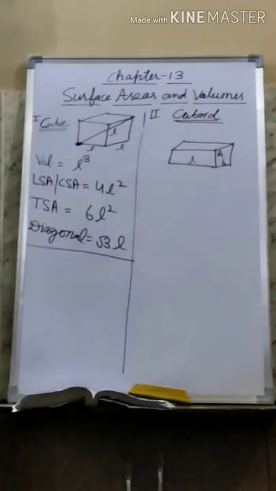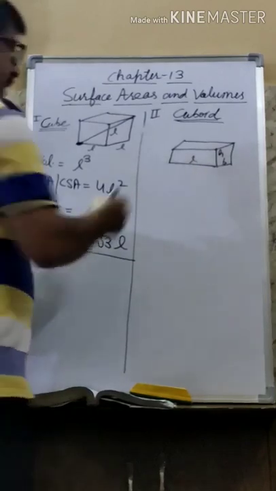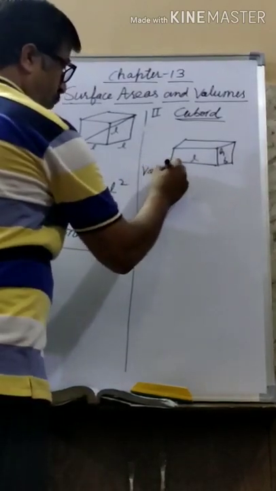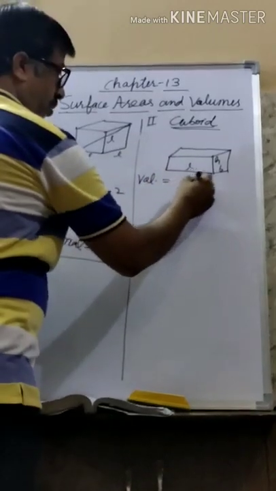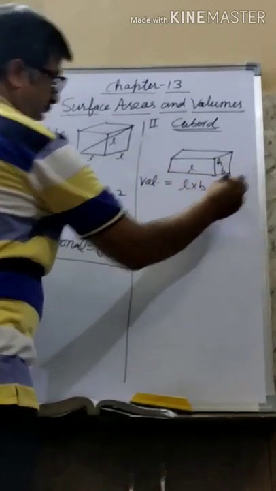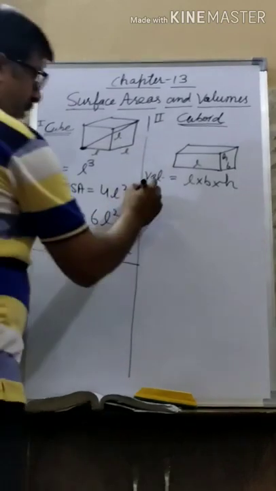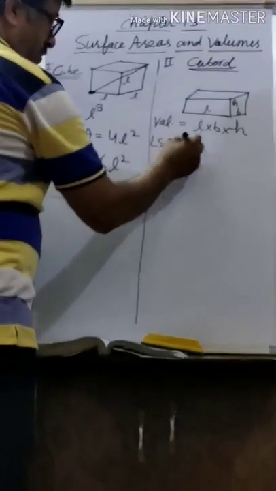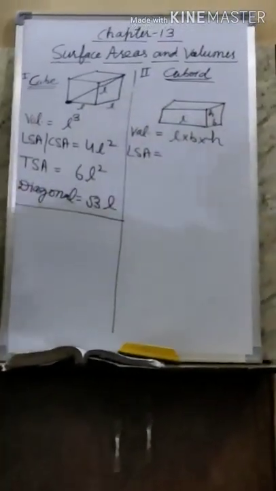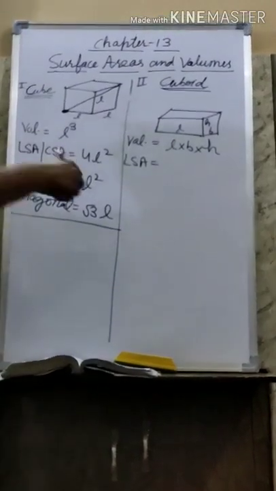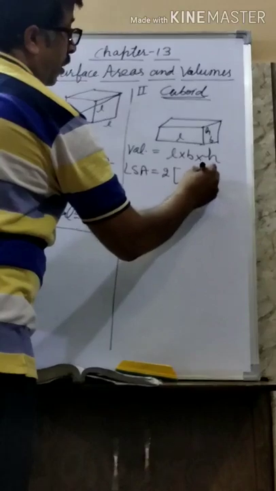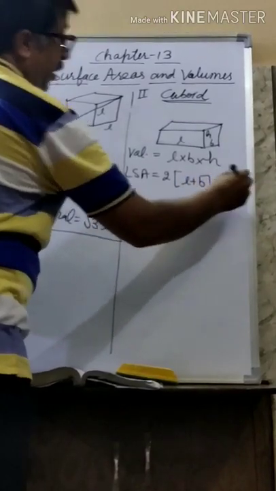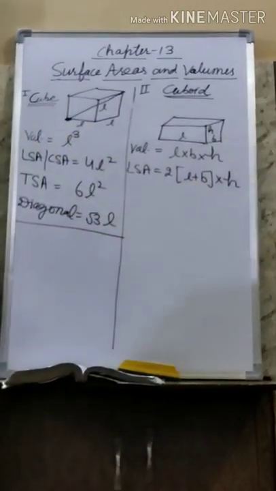So now volume of cuboid, you know very well, my dear students, length into breadth into height. And lateral surface area, that is curved surface area, means area of four walls, that is 2 into L plus B multiply H. Clear this?